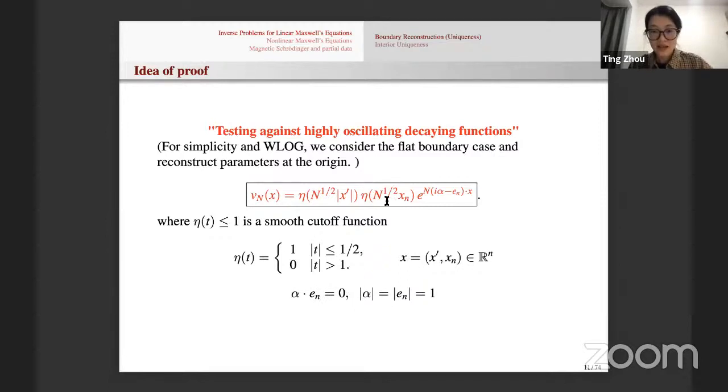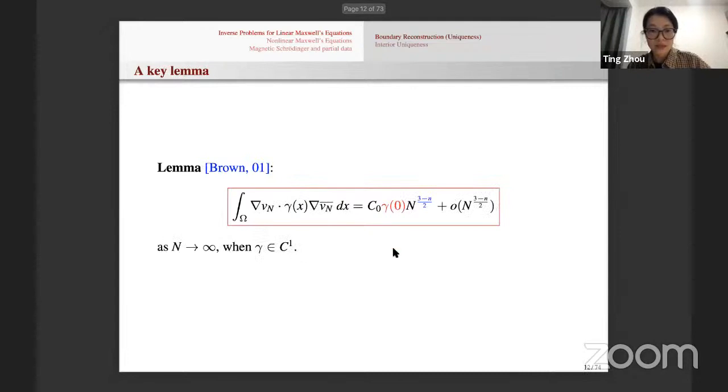So when we have this kind of oscillating decaying function, the key lemma here, of course, this comes from the pseudo-differential operator, how you extract the symbol. The first term of the expansion is to show that the gradient of these functions, the energy essentially associated to these functions for the conductivity equation, actually has this kind of asymptotic order with respect to n.